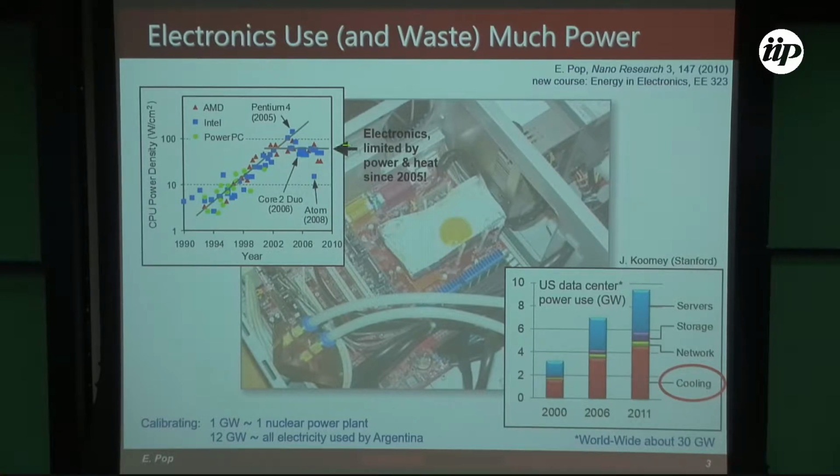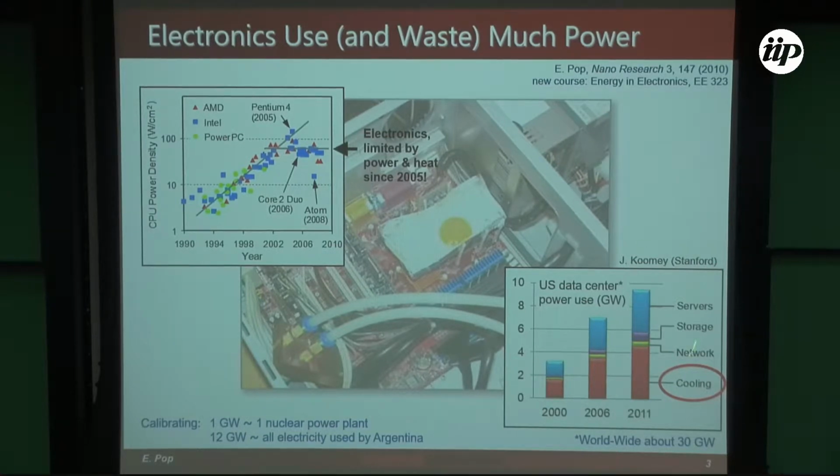Since then, we've pretty much been limited by heat inside processors. We've been living in this time period that's limited by heat since 2005, just like we've been living in Messi and Ronaldo's world since about 2005 as well. Those two are unrelated, by the way, as far as I can tell.